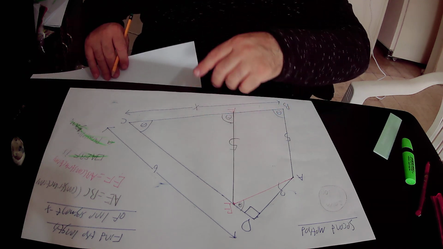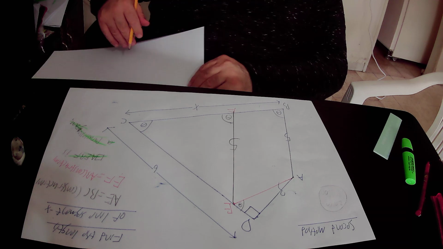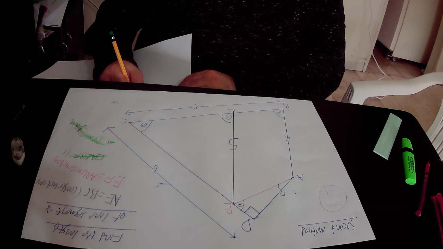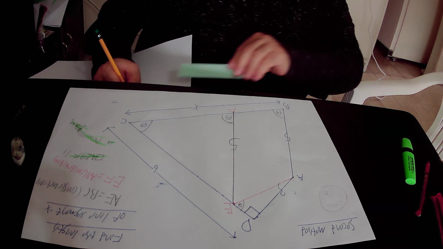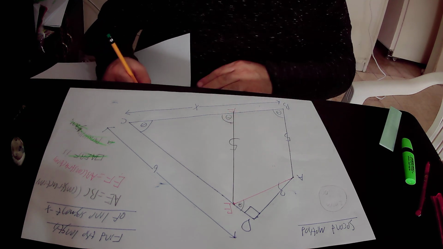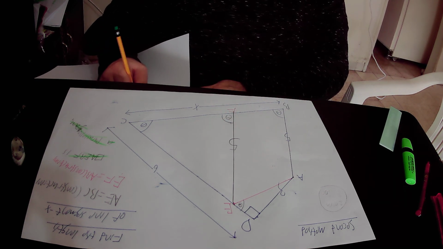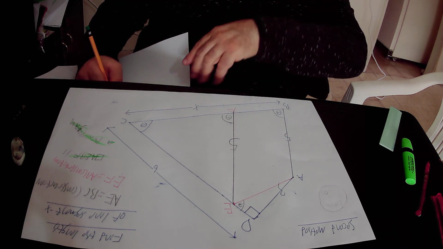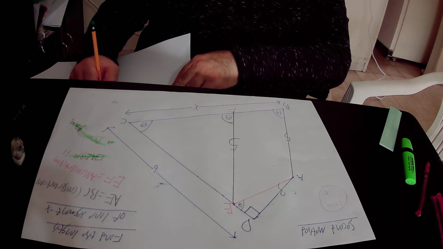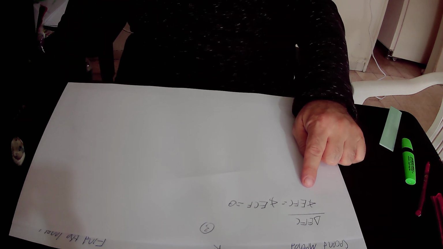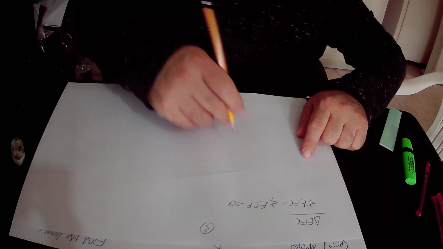So in triangle EFC, angle EFC is equal to angle ECF, and they are both equal to theta.